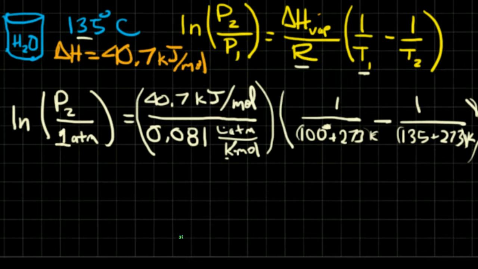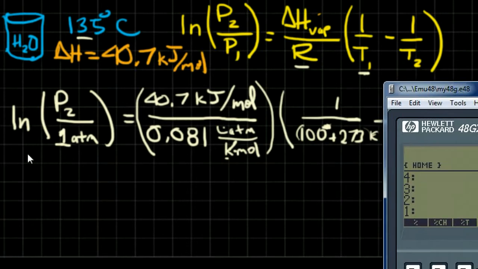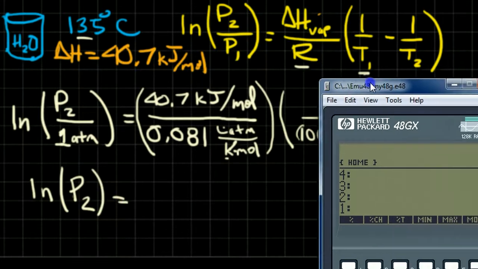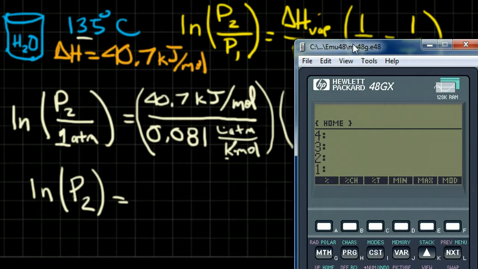Now we can just start simplifying. I'll get out my fancy calculator here. First of all, I'm going to say the natural log of P2, and this would be in atm, these cancel out, right? So that is equal to, first of all, 40.07 kilojoules per mole divided by 0.0821.